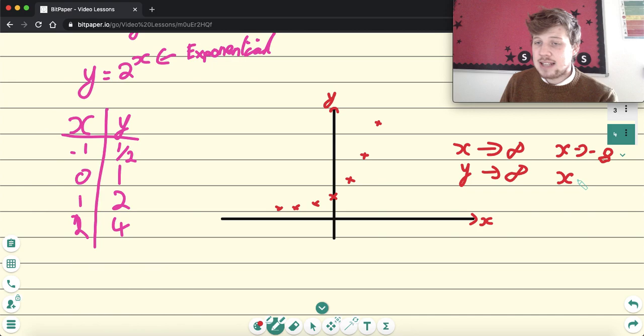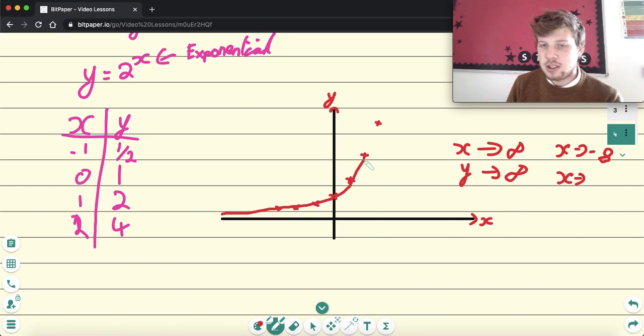So, as x approaches -infinity, I am halving my value each time. So it goes a half, a quarter, an 8th, a 16th, whatever. It just halves each time. Now, if I'm halving something, I'm never going to get below 0. So that means when I look at this graph, it is never going to go below that x-axis.